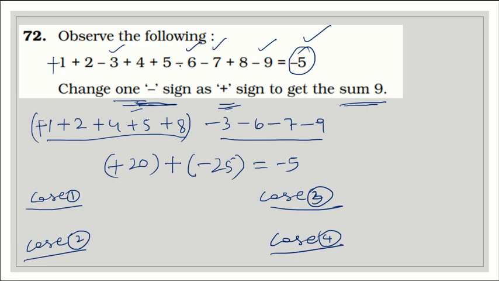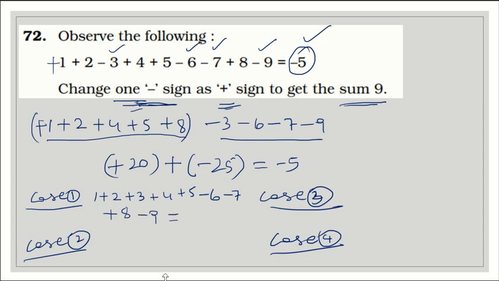In front of 6, if this minus sign becomes positive, then the rest of them are negative only. So case 1 gives me 1 plus 2 plus 3 plus 4 plus 5, and minus 6 as it is, minus 7 as it is, plus 8 is already there, and minus 9 as it is.